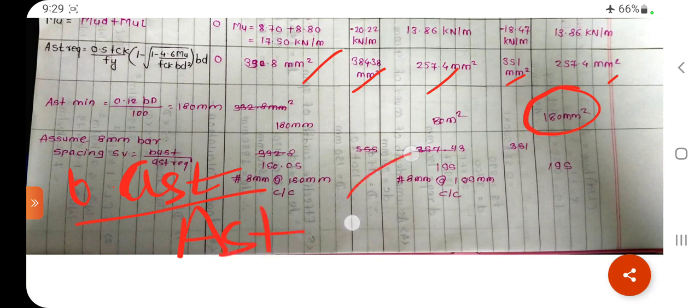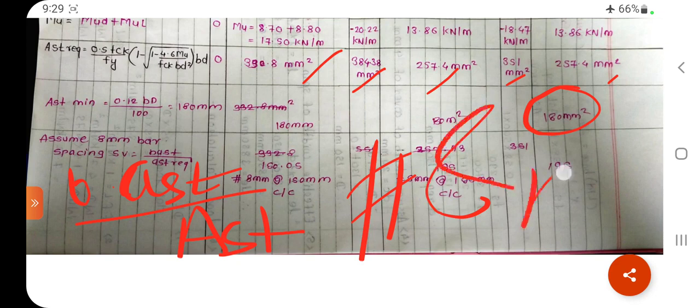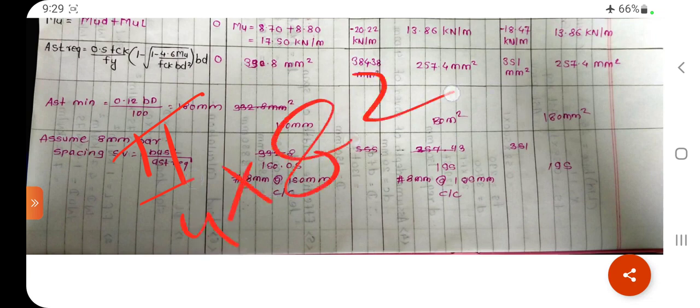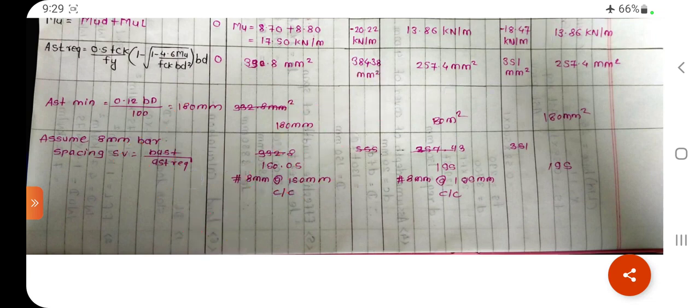We assume 8 mm bar, and hence substituting all the values, small ast is equal to pi by 4 into 8 square. Capital AST will differ from span to span. Here 390, here 384, here 257, 351, 257.